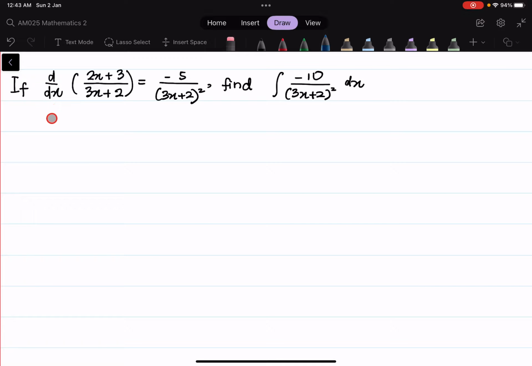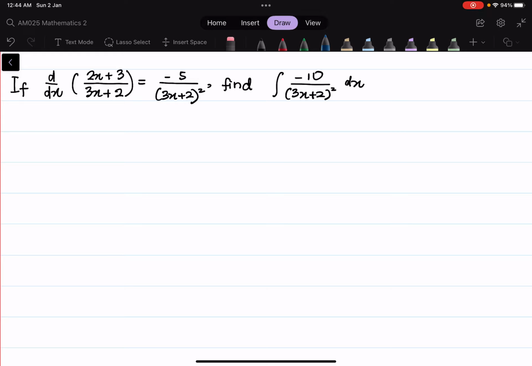If d/dx of (2x + 3)/(3x + 2) equals -5/(3x + 2)², find the integration of -10/(3x + 2)² with respect to x. So we know that integration is antiderivative.